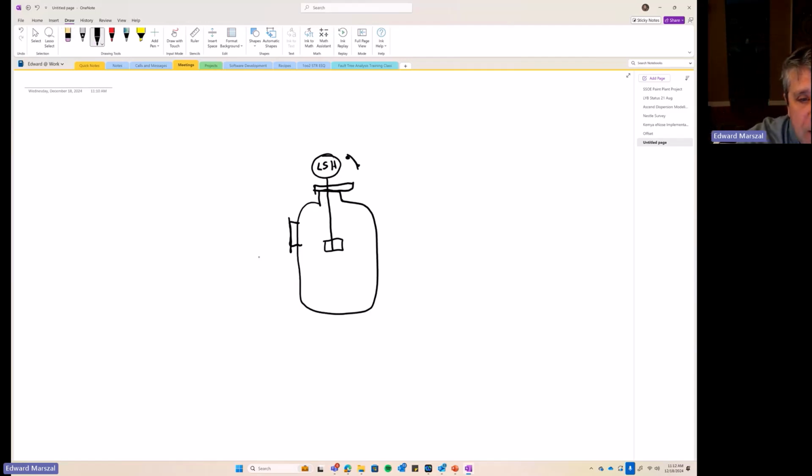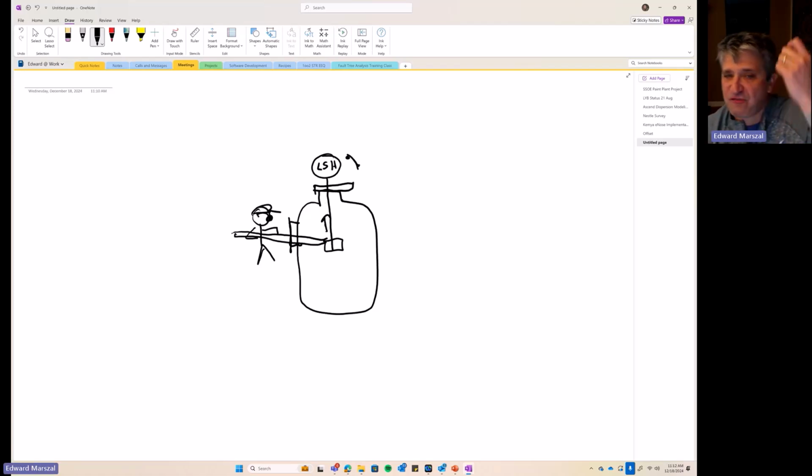Why don't we just open the manway, and then I'm going to go out into the field with my hard hat and safety glasses, and I am going to use a calibrated 2x4 to lift the float up. And if I lift the float up and the switch triggers, then that's considered a successful test.